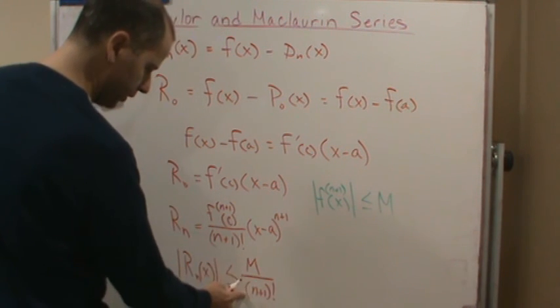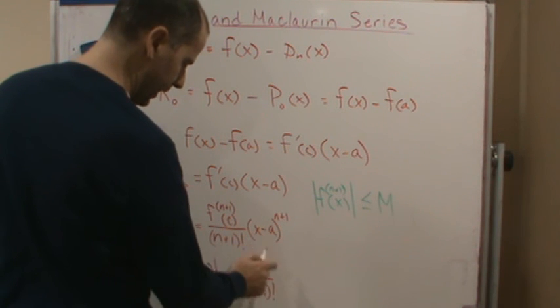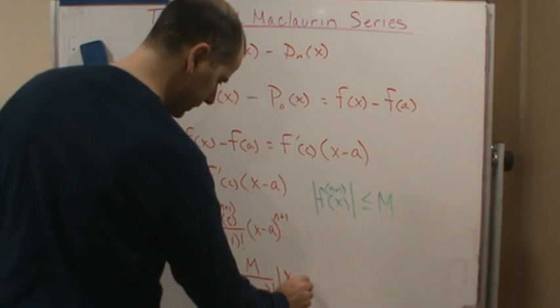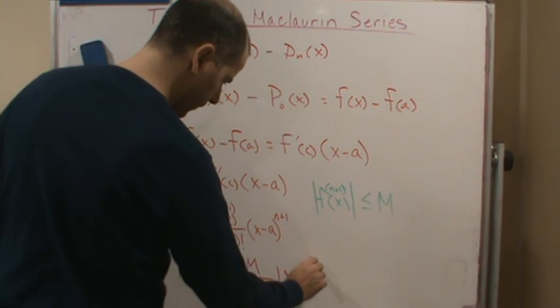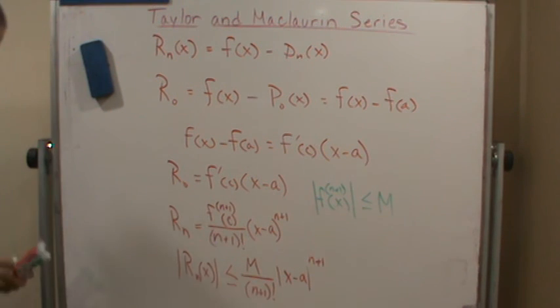Now again, these are just real numbers, so we can drop the absolute value signs on these, but not on this one. So it would be the absolute value of x minus a to the n plus 1 power. And that's going to be for all x in the interval I.